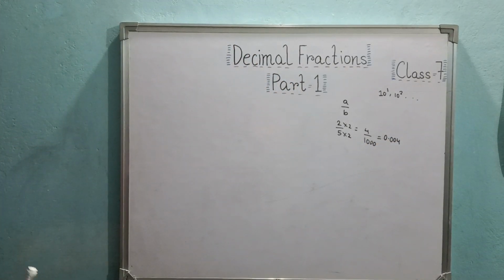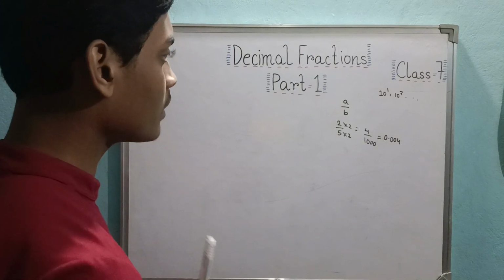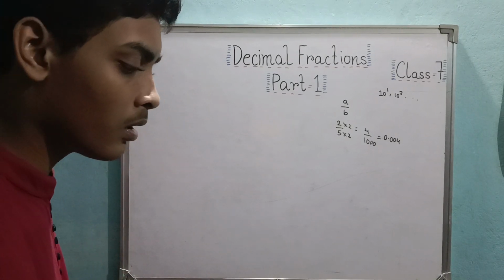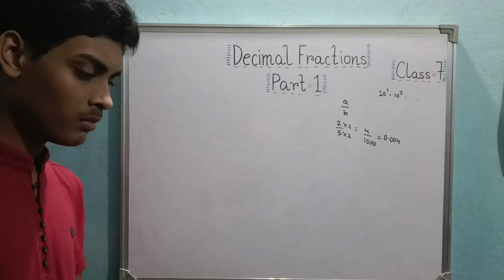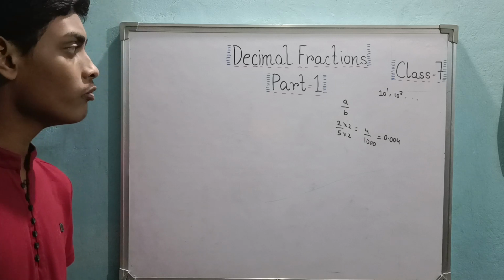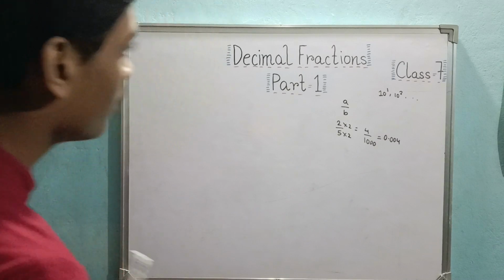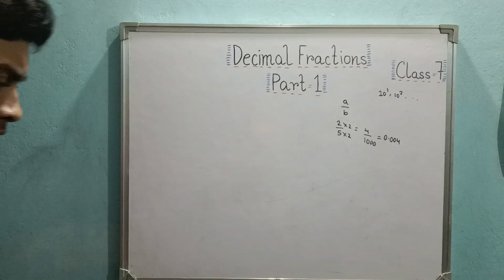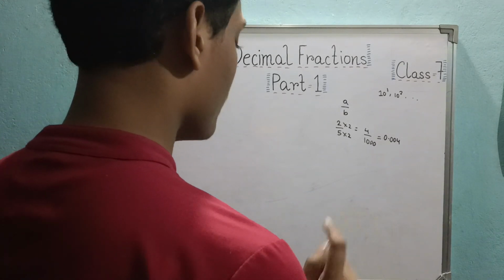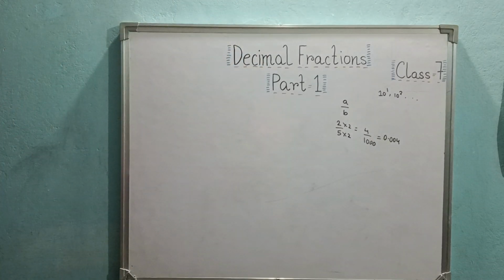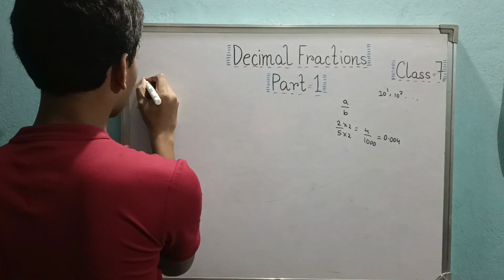Nothing more to explain actually from this chapter. All other things are the same as the rules of integers, natural numbers, whole numbers. So we will directly get into the sums this chapter can have. Today we will run through introductory sums, and in the next video we will be starting on the real operations. So let's begin.